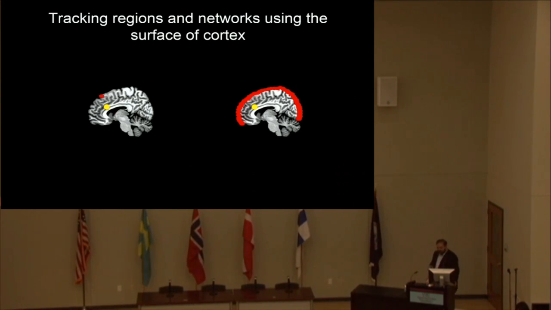And so my group has been looking at this problem in terms of developing fMRI models restricted to the surface of cortex to see if we could track localized regions as well as distributed networks. Now, in this first simplified case, the work involved for modeling this would be fairly simple. We would have no to just a small number of parameters that we'd need to fit.